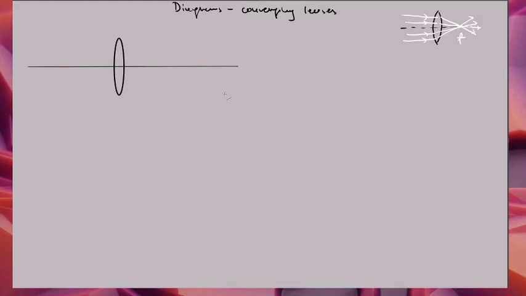And then let's say that we assign a focal point right here, maybe in blue. Here's F. And then let's say that I'm going to place an object here at this location.